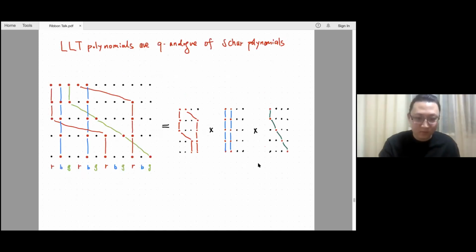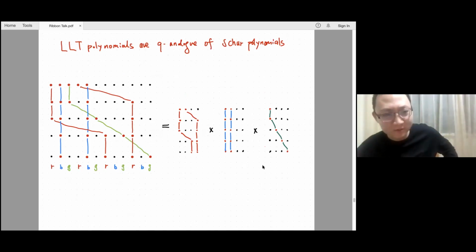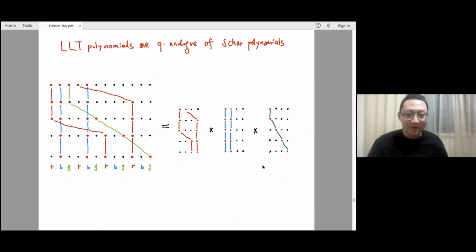And so here is the thing that we were discussing before, why LLT polynomials are q-analogs of Schur polynomials. You take this colored lattice path, and then you separate the colors. So you get a non-intersecting lattice path with the red path, the blue, and the green.